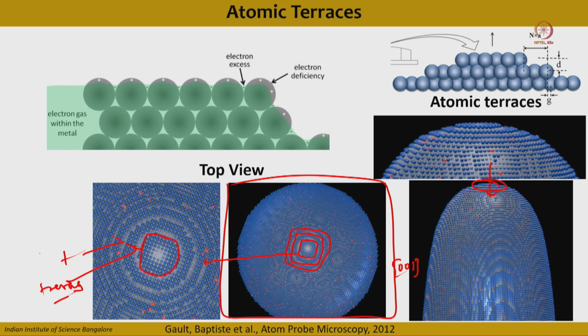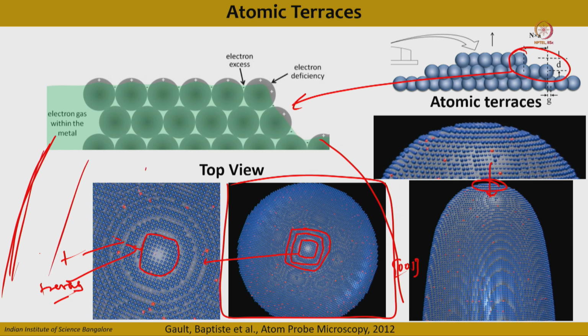And if you see the cross section of this particular image, I can assume this is the tip, and this is the top part of the tip, and you can see the terraces I have shown. So this is one particular plane, there is a terrace, there is a terrace, then another plane.